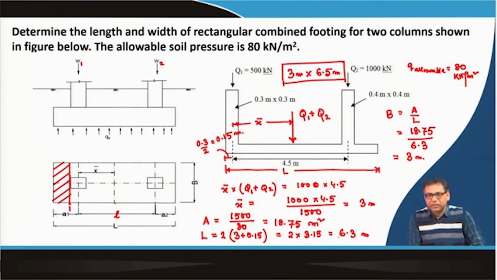You can provide 6.3 also, because that is the minimum requirement. So I am providing 3 meter by 6.5 meter dimension of this foundation. This way we can determine the dimension of the combined footing also, if the allowable bearing pressure is given.